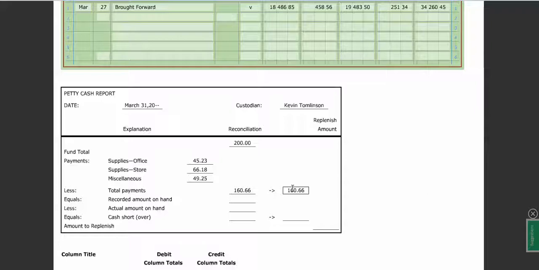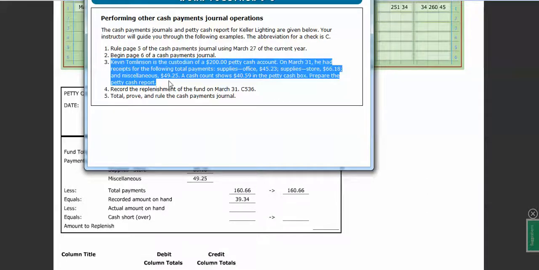We're going to bring that all the way over here, 160.66. If we take our total fund of 200 minus our 160.66, we're going to get our recorded amount on hand. In this case, it'll be 39.34. Our actual amount on hand, as they tell us in the example, is 40.59.